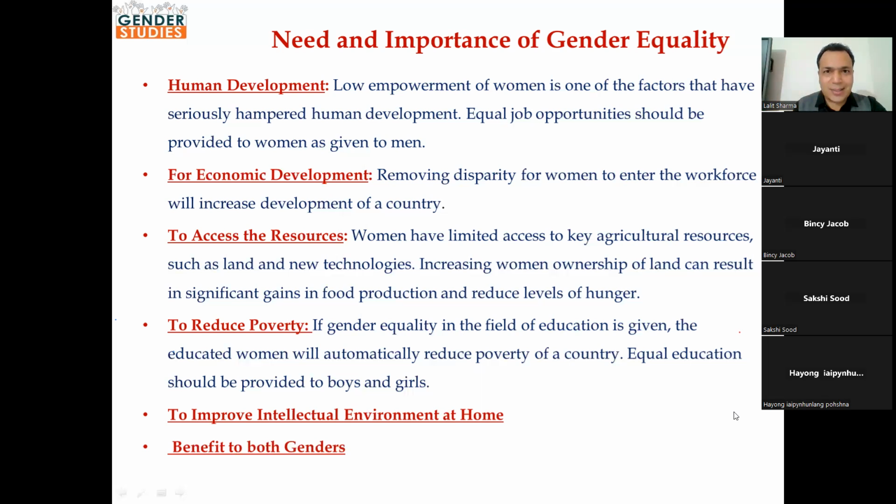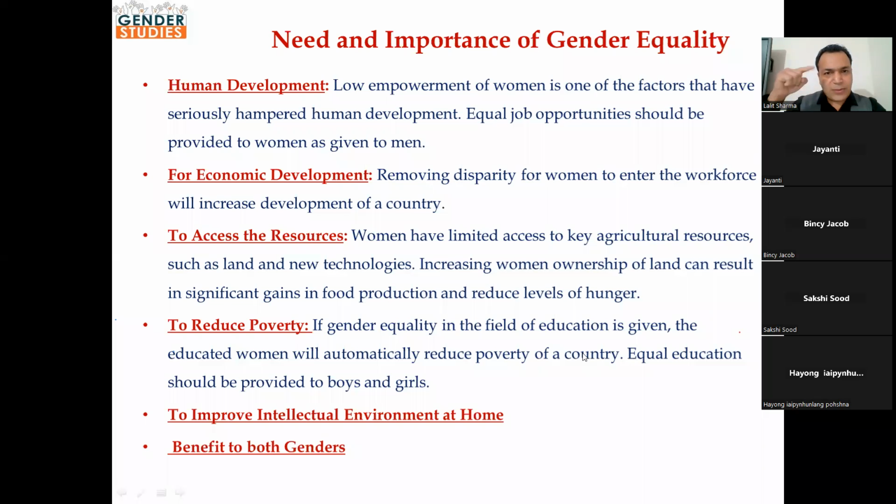Lack of rights, lack of education. If we provide equal opportunity to male and female, all the persons, even being parents, being teachers, we have to create awareness. Both male and female should come to class, they should get the education, right? Once they become educated, naturally they will reduce poverty.